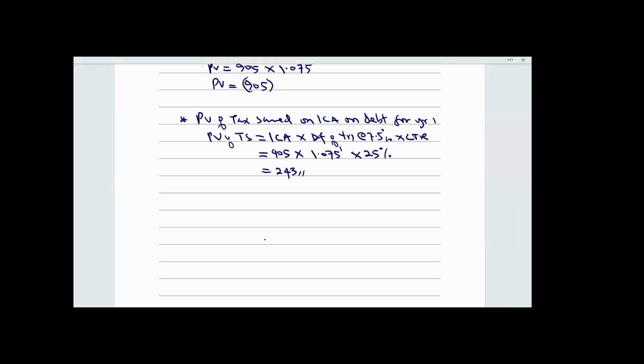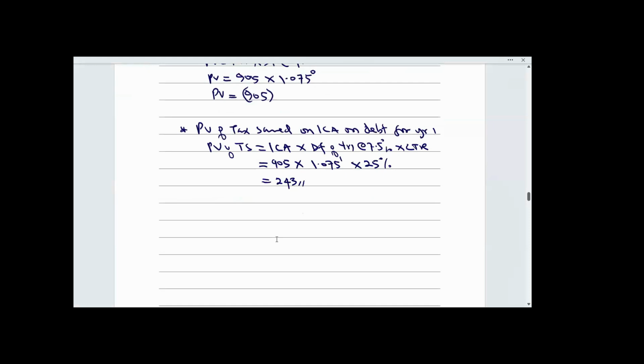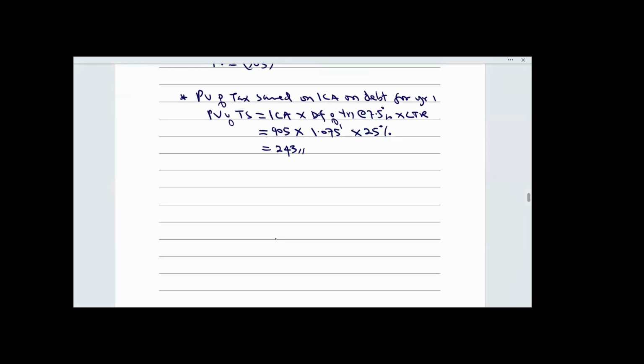So finally, I now need to add the two together. So PV of issue cost will then be equal to 905, which is a minus, plus 243.